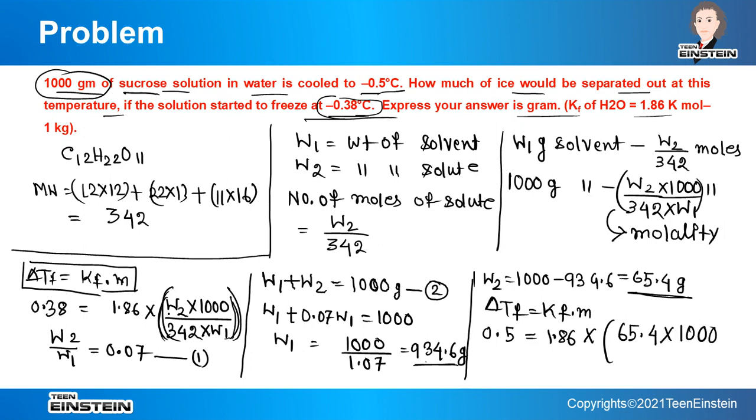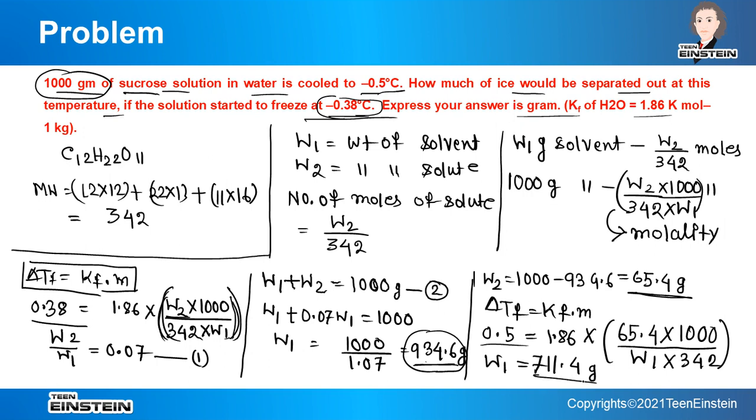So we have written the value of W2, but we will not write the value of W1. Let it remain as W1. To reach the final answer we require the value of W1. Now W1 in this case, when we are keeping all the things same, only now del TF is 0.5. Under this condition the value of W1 will be 711.4 gram. So this is the weight of solvent when there is depression in freezing point 0.38.